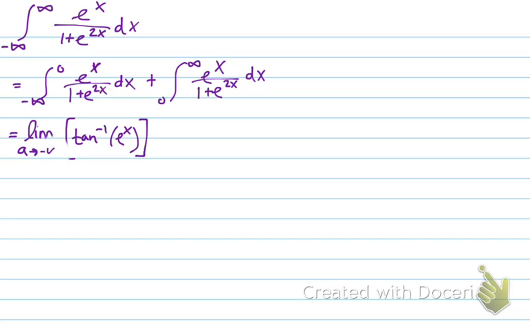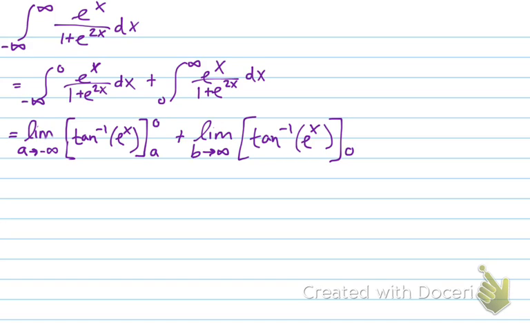This should be negative infinity, my bad. And this is from a to 0, plus the limit as b goes to positive infinity of tangent inverse of e to the x from 0 to b.